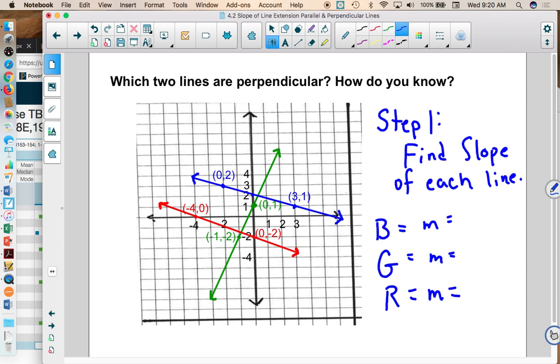What's 1 minus -2? Why did that become that? How did it become 1?